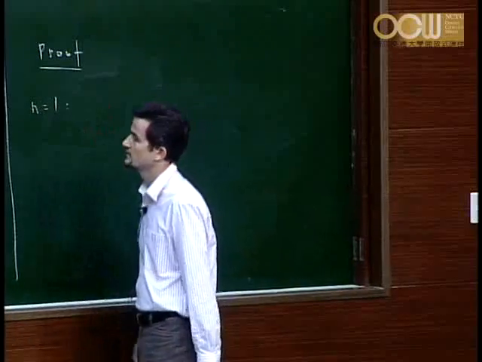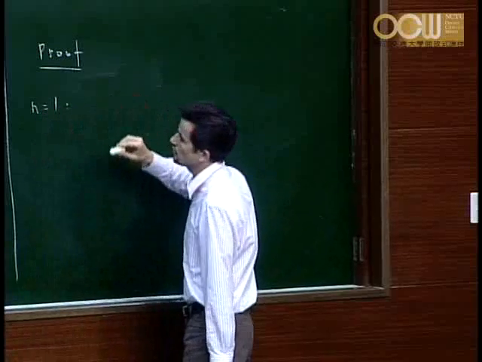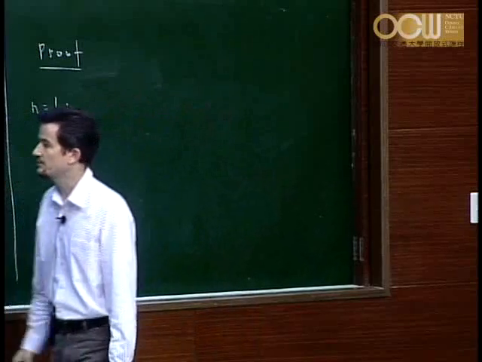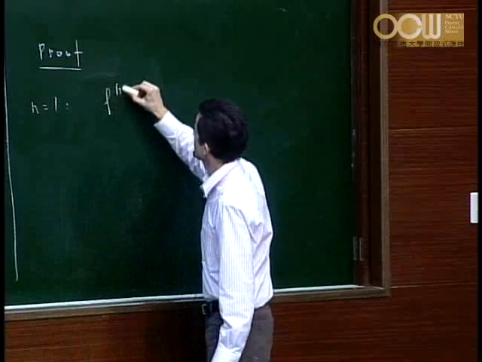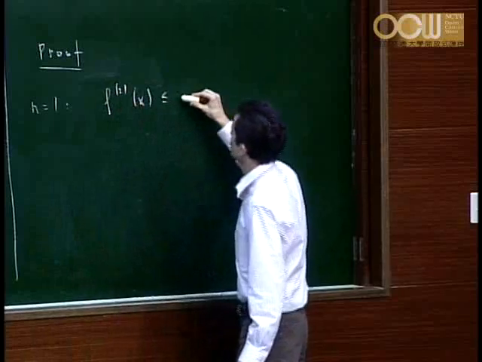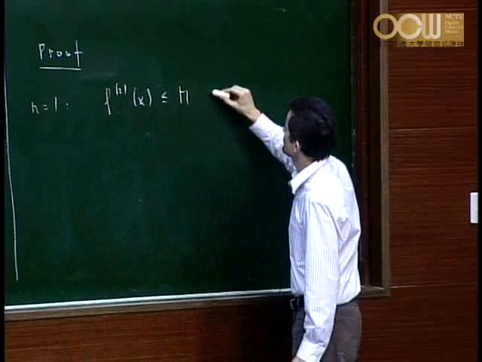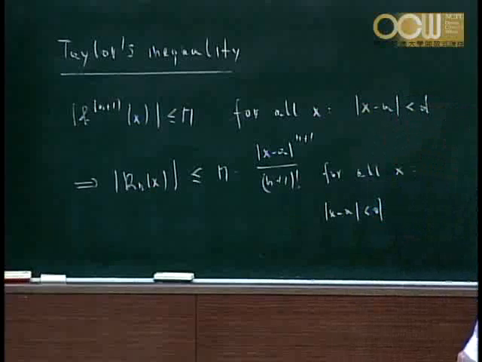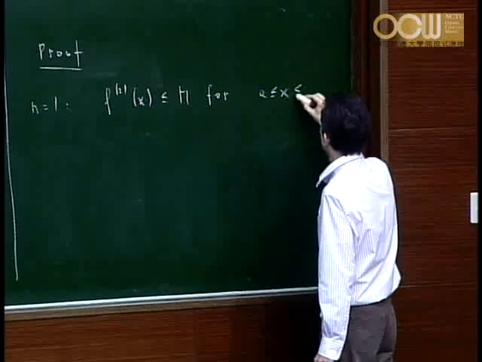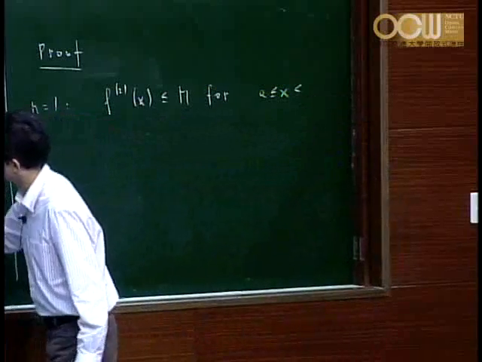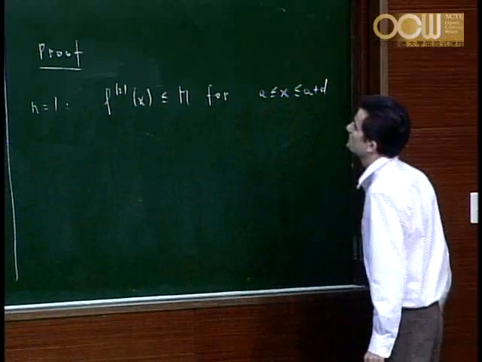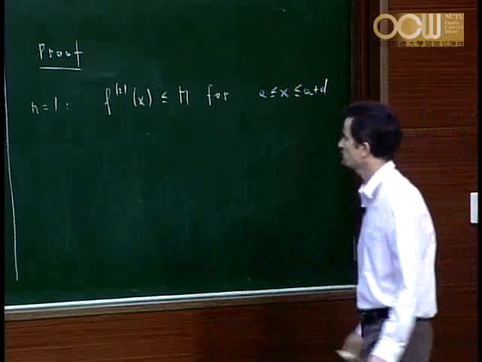In this special case, we know that the second derivative is bounded by M. Let's just take one part of this inequality, namely that this is smaller or equal than M. And I just discuss one case, namely the case where x is larger or equal than a and smaller or equal than a plus d. It doesn't matter here, but just for convenience, I write it like this. So I just use this part here.